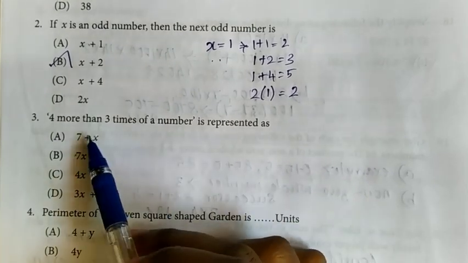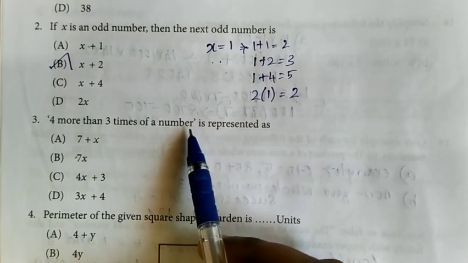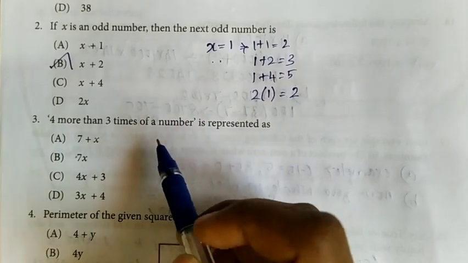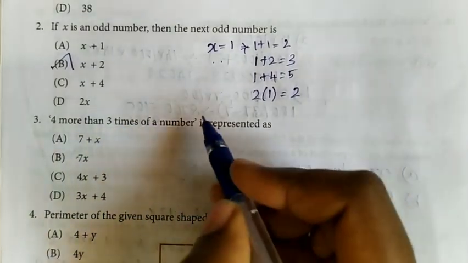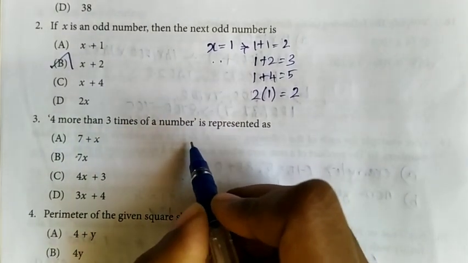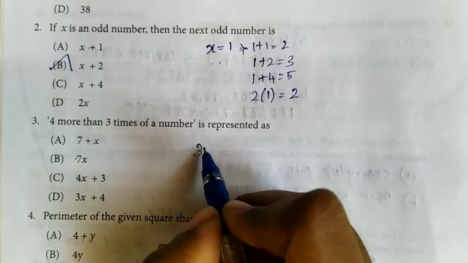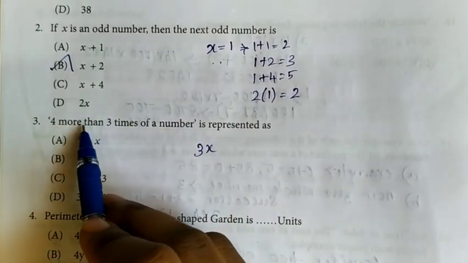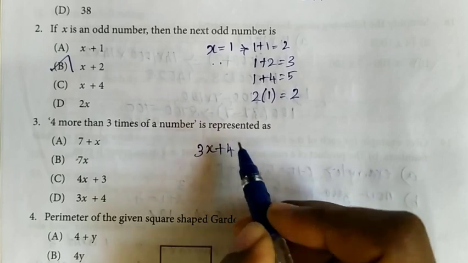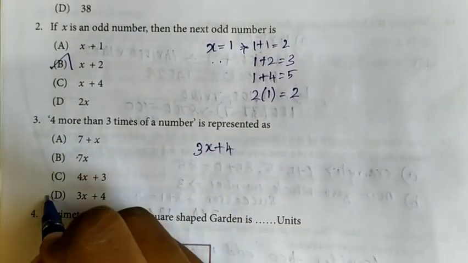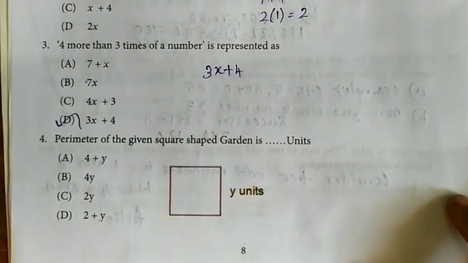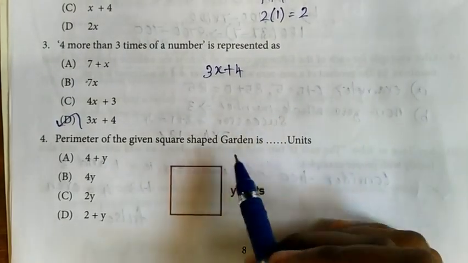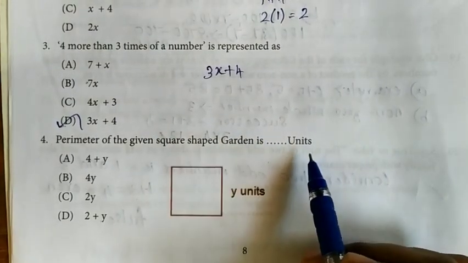Third question, 4 more than 3 times of a number is represented as. See, 4 more than 3 times. 3 times of a number means 3 into x. 4 more than means plus 4. So answer is option D. Fourth question, perimeter of the given square shaped garden is dash units.